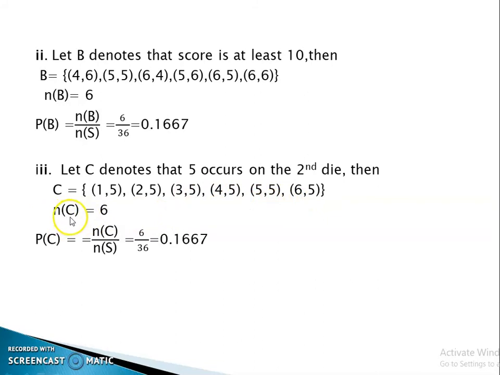Total number of points in the set C is 6. So favorable cases are 6. Probability of C is equal to number of favorable outcomes to the event C divided by total possible outcomes in the sample space S, which is equal to 6 over 36. Simplifying this fraction, we get 0.1667.